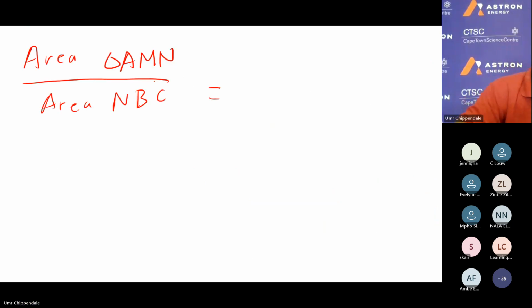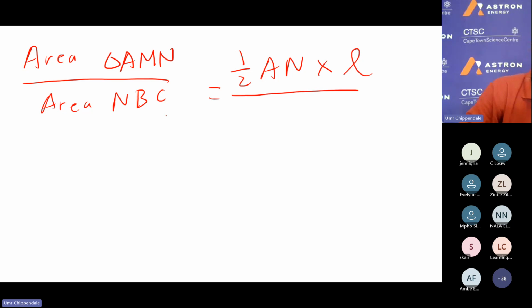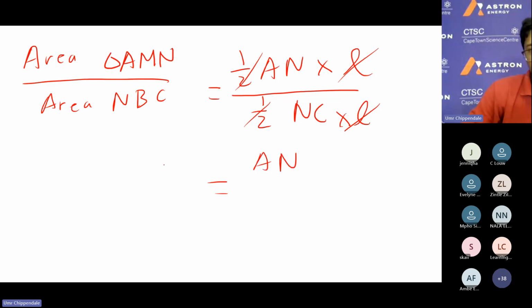So this is going to be half AN times the different one now, not the H. I'm going to do the other side, so it's L, all over half of NC, because we want to show that these link up with each other. Now, do we have things that are the same? Yes. Cancel, cancel, cancel, cancel. So that is equal to AN over NC.